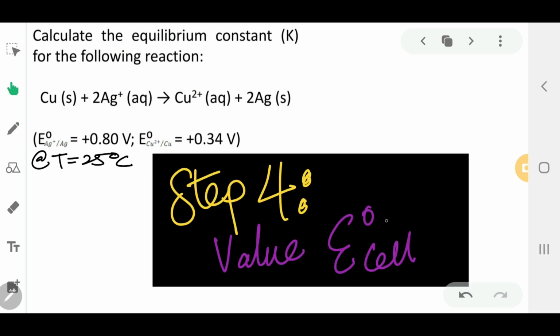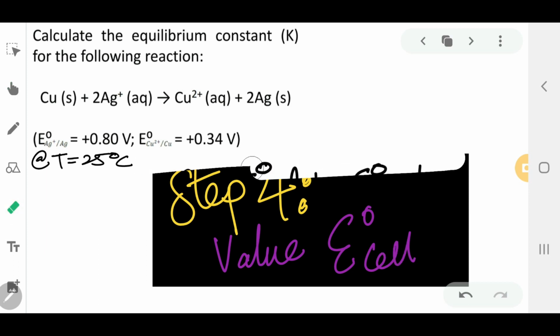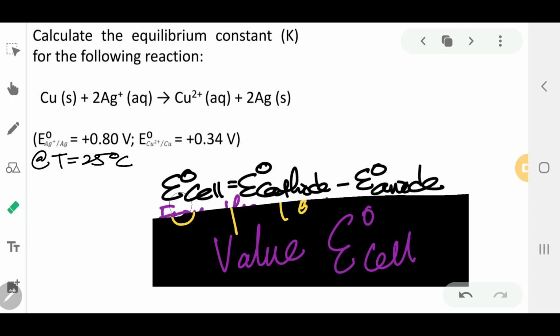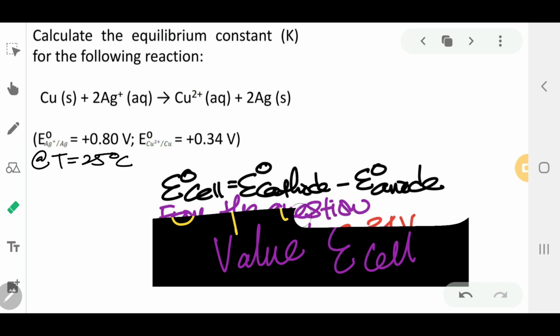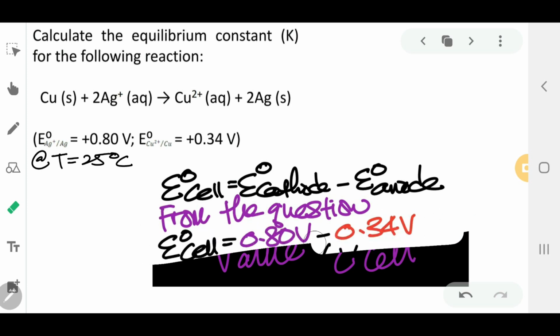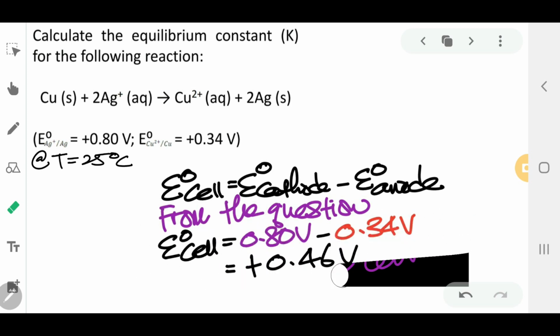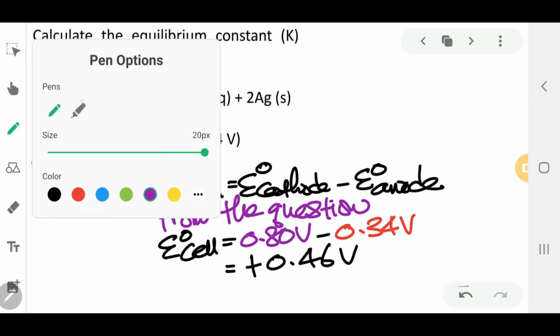In step 4, we need to find the value of E naught cell, like what we have done for questions 1, 2, and 3. Therefore, we're going to use E naught cell equals E naught cathode minus E naught anode. From the question, we know the values for E naught cathode and E naught anode are as follows.